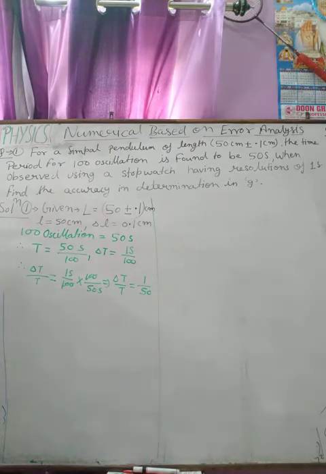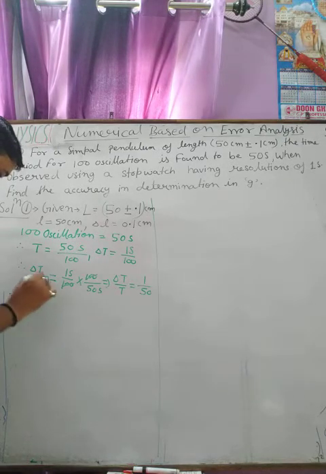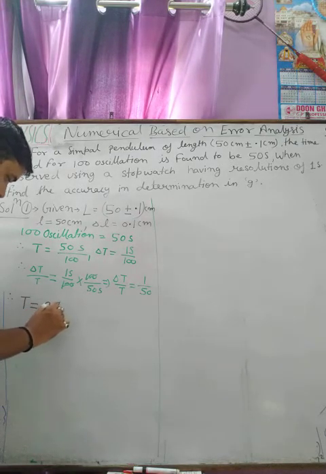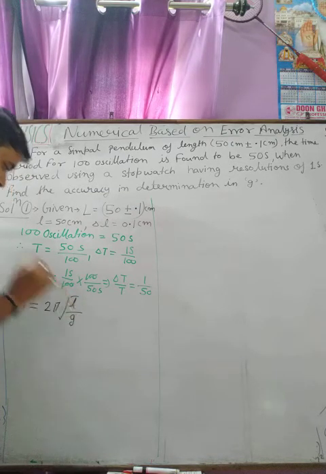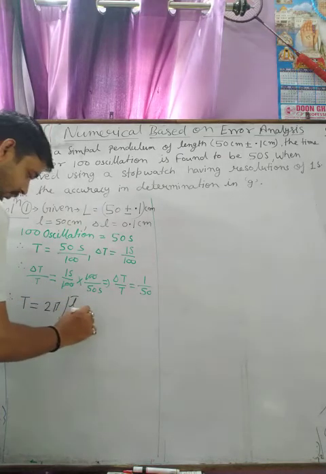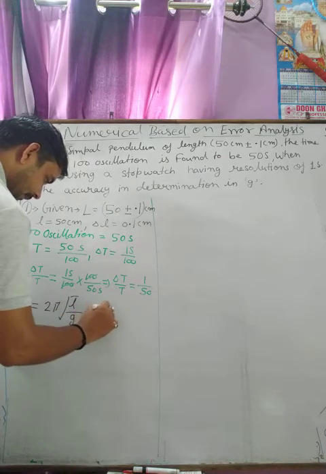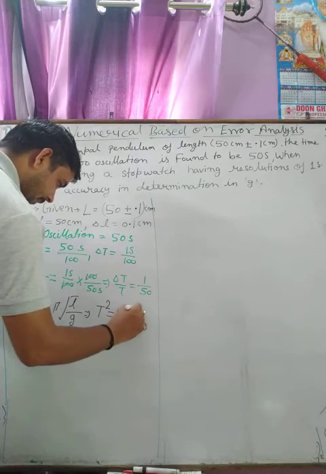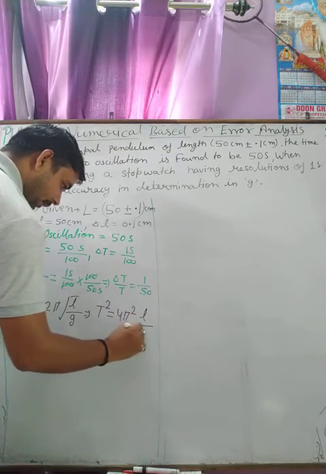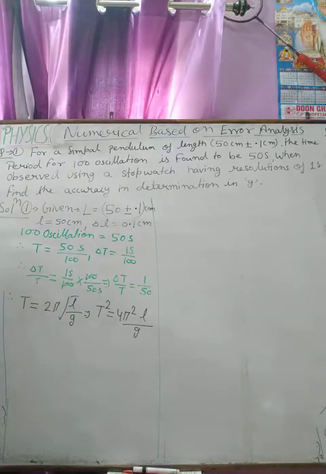Now हमें g में एक्यूरेसी निकालनी है, therefore we know that time period of oscillation is 2 pi under root L upon g. On squaring both sides, student, we get t square is equal to 4 pi square L upon g. We need to calculate this g.